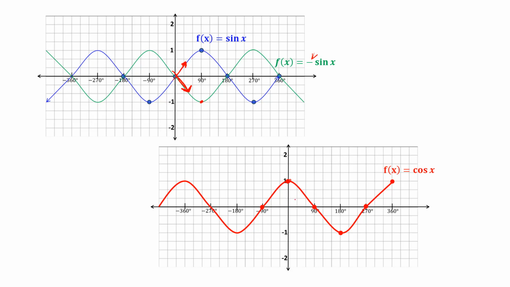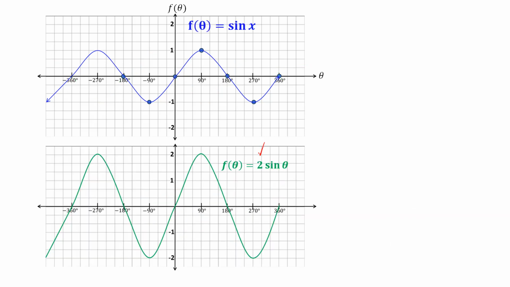And so when you flip it, when you make it f of x equals negative cosine x, then everything flips across the x-axis. And now when you're at 0 degrees, the function is at its minimum value. So that's how you know you've got a negative cosine function: if at 0 degrees, you're at the minimum of the function instead of the maximum.